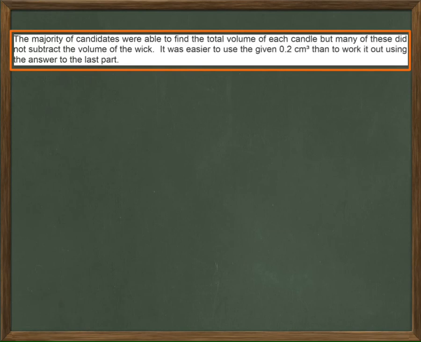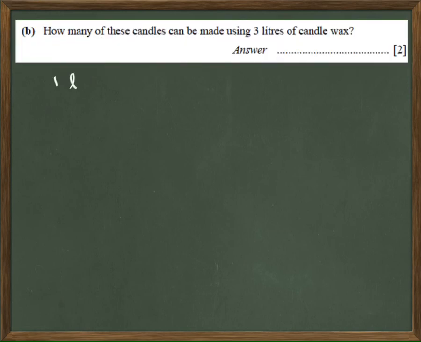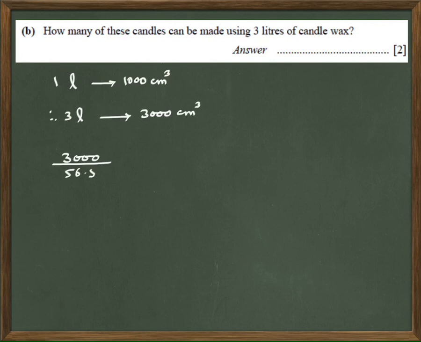Okay. So now, how many of these candles can be made using 3 liters of candle wax? 1 liter is 1000 centimeter cube. 3 liter is 3000 centimeter cube. So it's a simple division question. 3000 divided by 56.51, the unrounded value. 53 point something. Again, use the quotient, use the integer value.